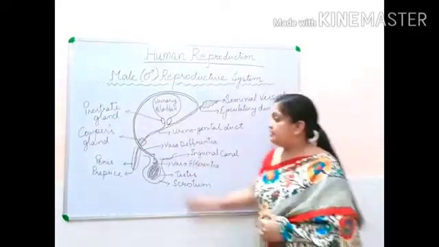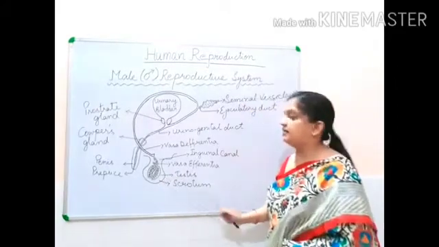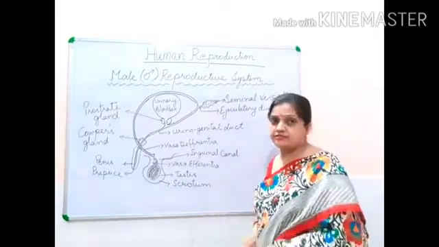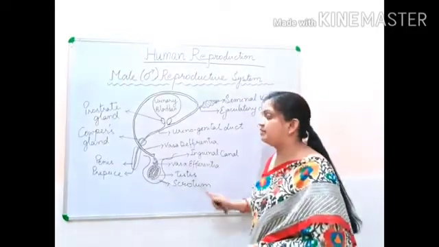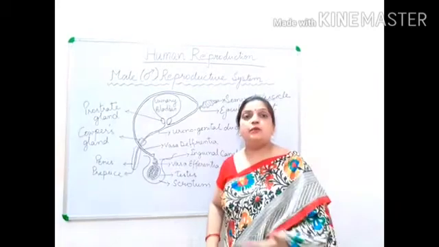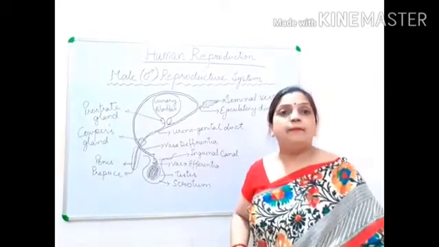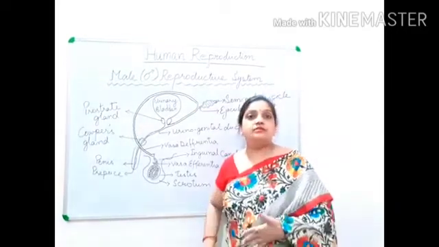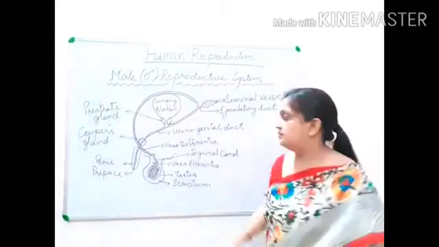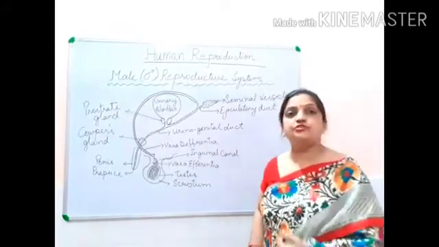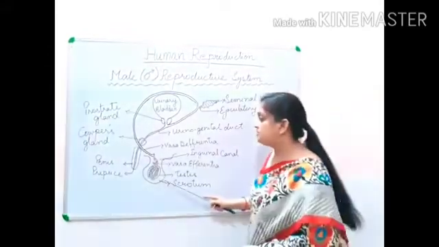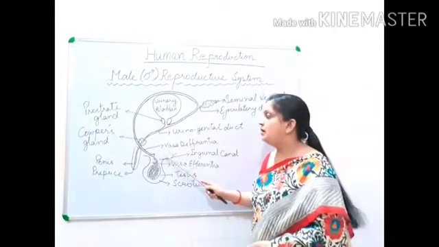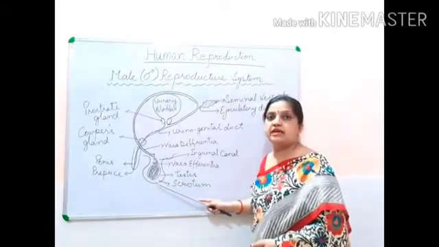Next, this testis is located inside the scrotum, and this transfer of the testis into the scrotum takes place when a child is inside the mother's womb, during the fetal development only. During the fetal development, this testis shifts from the internal part of the abdomen to the extra-abdominal cavity, that is the scrotum.